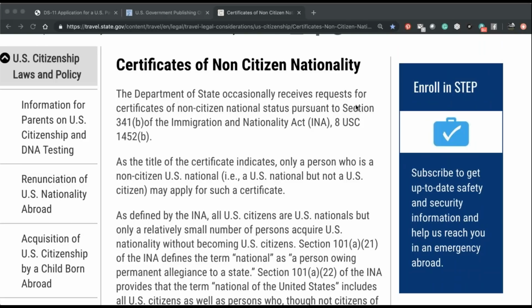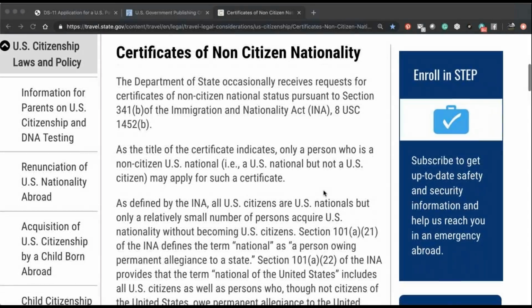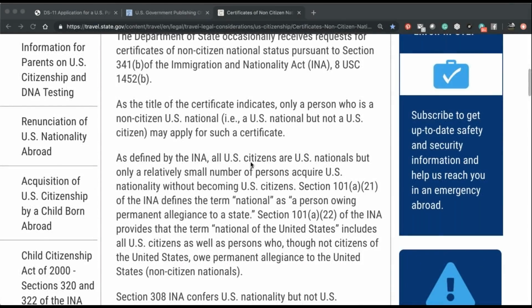The Department of State occasionally receives requests for certificates of non-citizen national status pursuant to Section 341B of the Immigration and Nationality Act, INA, 8 U.S.C. 1452B. As the title of the certificate indicates, only a person who is a non-citizen U.S. national, i.e. U.S. national but not a U.S. citizen, may apply for such certificate. They're playing with words here, but let me keep reading.